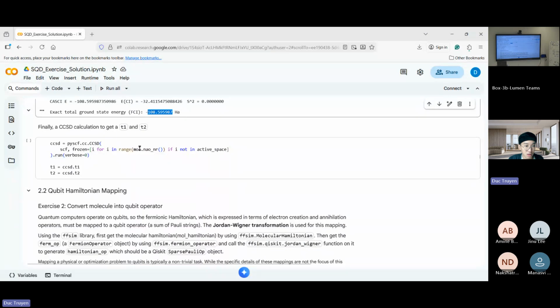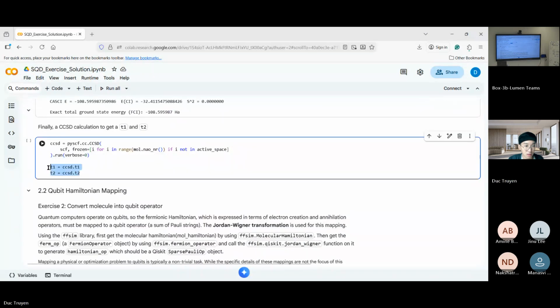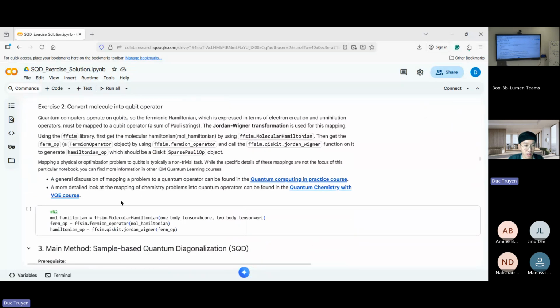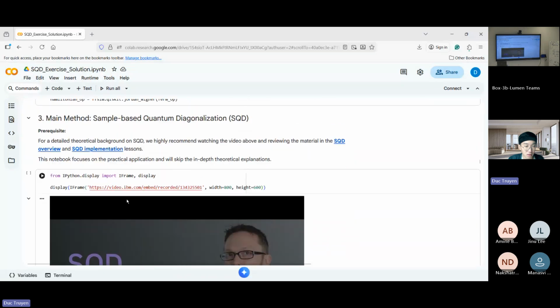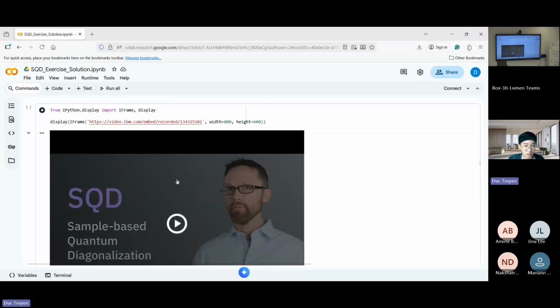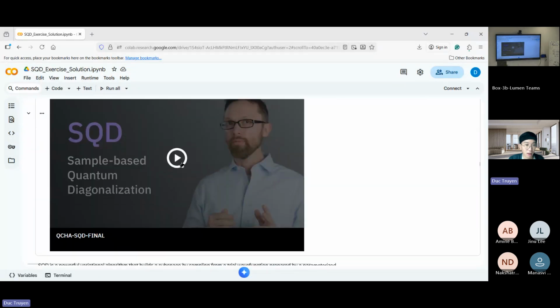The T1, T2 is the information to fit into our SQD ansatz. It's recommended to watch this video about the sample-based SQD method.